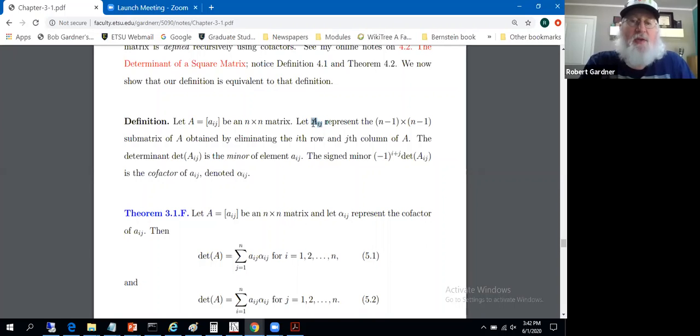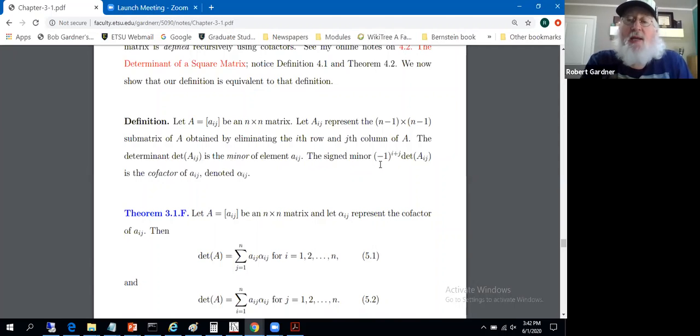I'm used to calling this matrix itself a minor matrix. I don't think I quite found that terminology in Gentle's book. He does refer to a minor element. But this is commonly called a minor matrix of matrix A, one obtained by eliminating one row and one column. The determinant of that capital A sub ij is called the minor of element a sub ij.